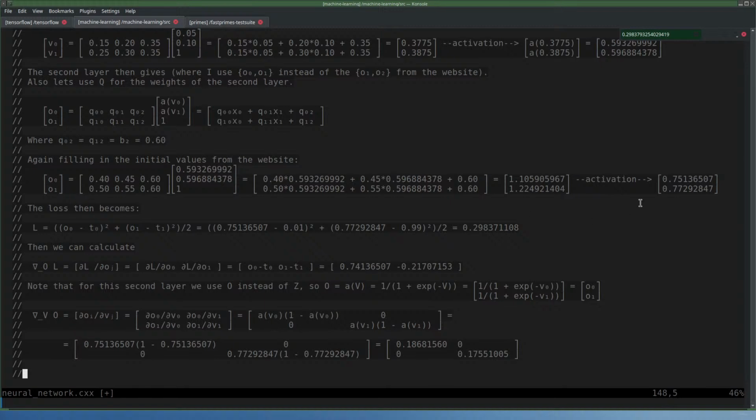We should have taken that value, which is actually O0. It's already activated and everything here. So it's the A of O0. It's not V0.